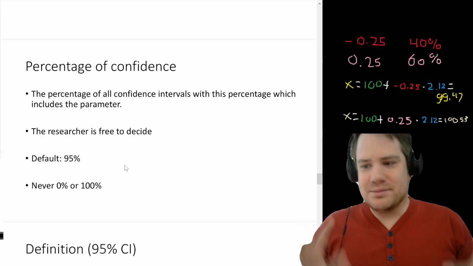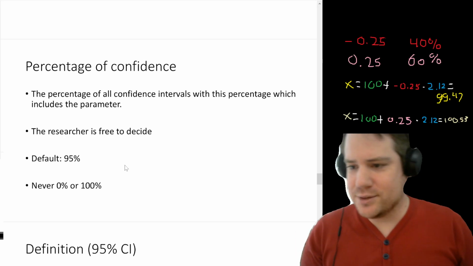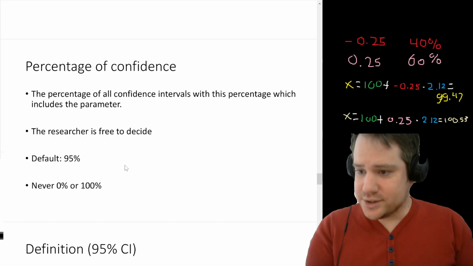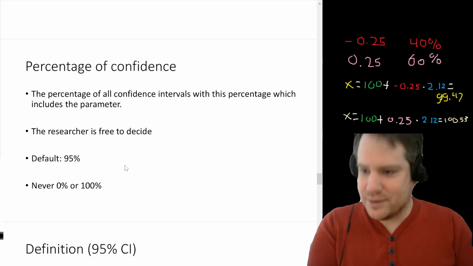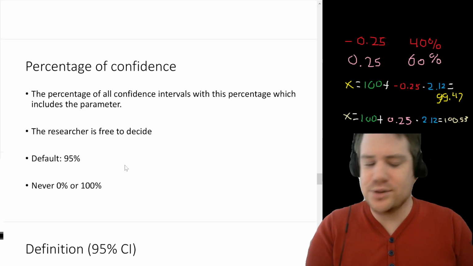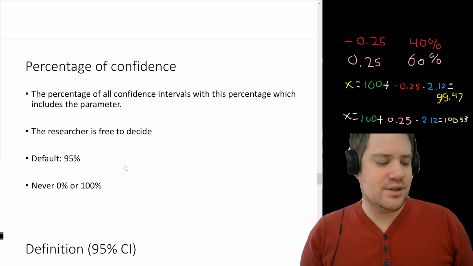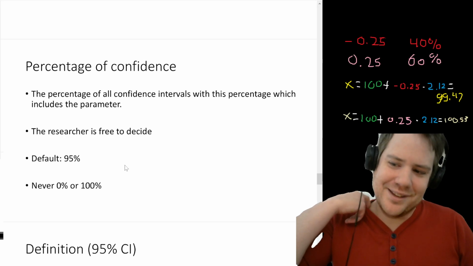You want to say something like, I estimate the extroversion to be between 58 and 62. Because then it's a pretty narrow range and the parameter is probably somewhere in there, which is pretty useful. If you say it's somewhere between 20 and 100, then it's like, well, yeah, you're probably right.